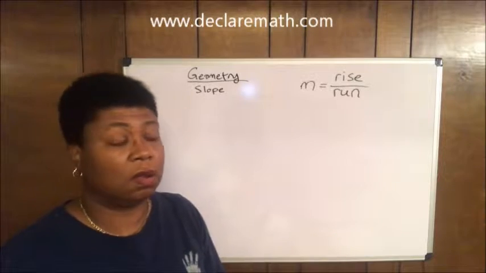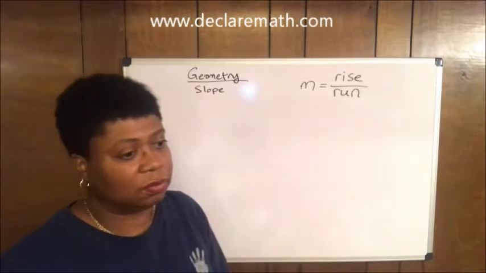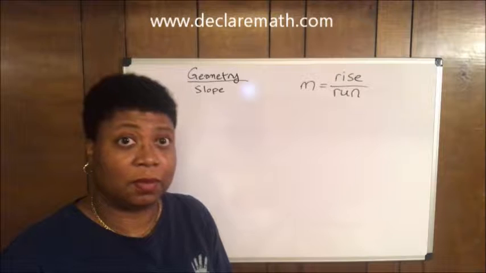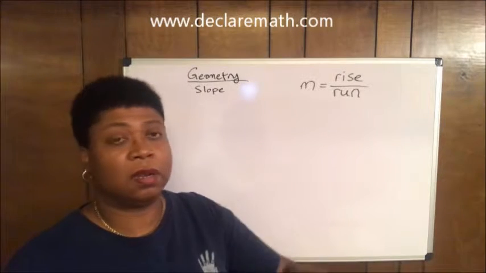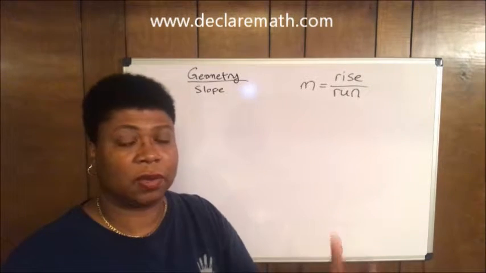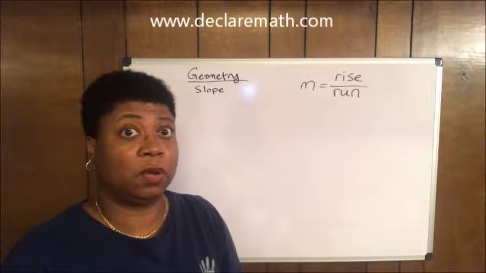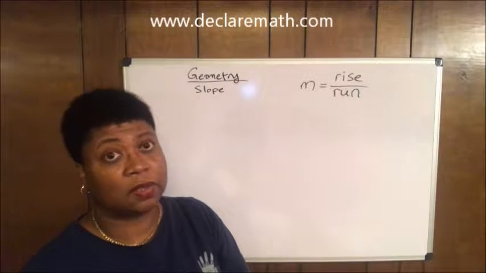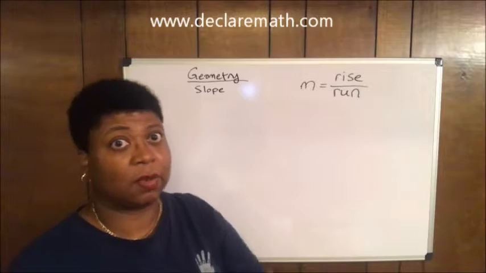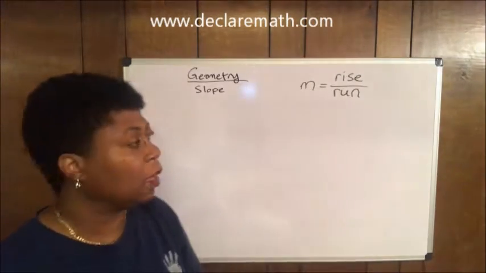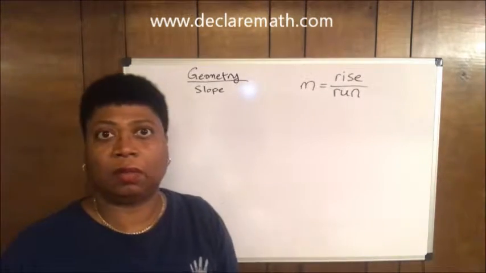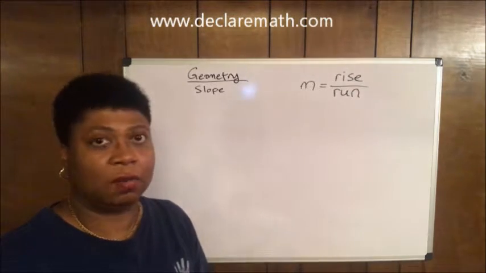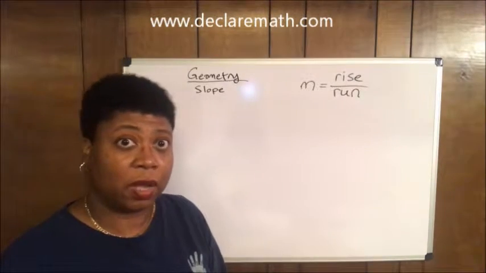Well, rise: when you get up in the morning, you rise up. So think of it as up and down motion. The opposite of rising up in the morning would be to lie back down. So you've got up, down. That's vertical motion. Run: we all know what it means to run, right?